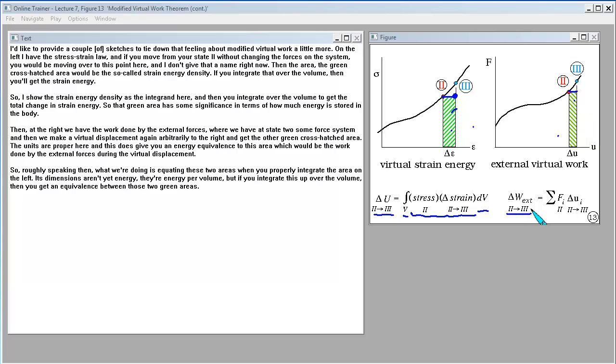So roughly speaking then, what we're doing is equating these two areas when you properly integrate the area on the left. Its dimensions aren't yet energy, they're energy per volume, but if you integrate this up over the volume, then you get an equivalence between those two green areas.